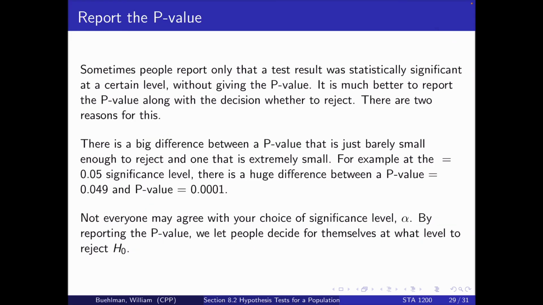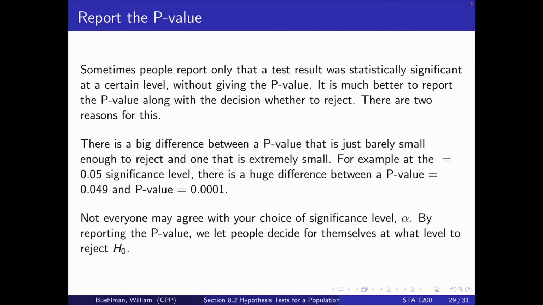Sometimes people report only that a test result was statistically significant at a certain level without giving the p-value. It is much better to report the p-value along with the decision whether to reject or not. There are two reasons for this. There's a big difference between a p-value that is just barely small enough to reject and one that is extremely small.